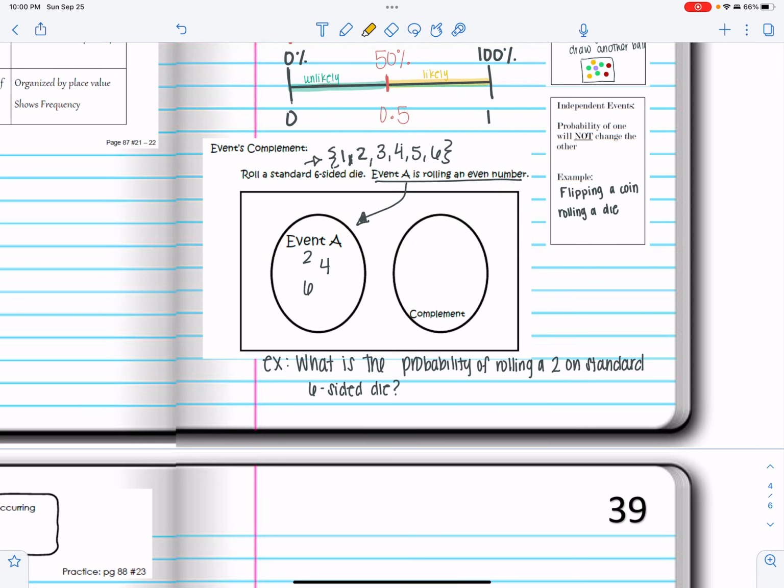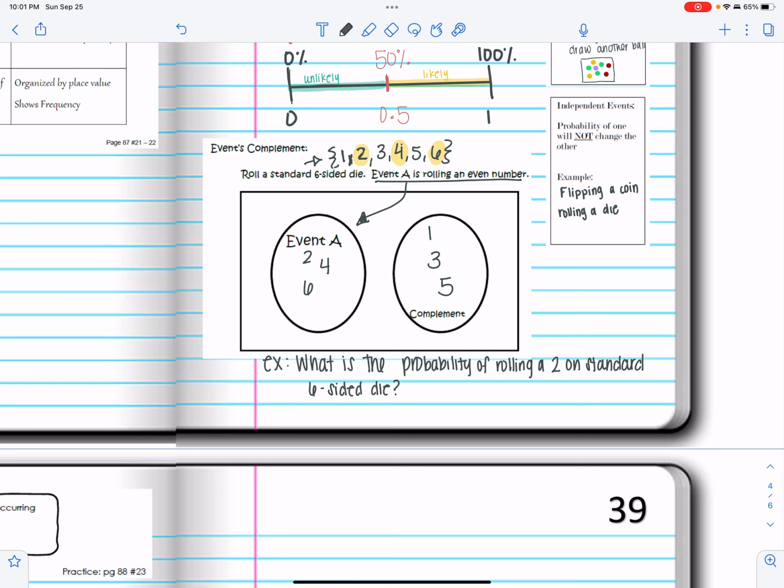And so the numbers that I could possibly roll that are even are going to be 2, 4, or 6. The complement is going to be everything else. So the complement of that is 1, 3, 5. What this means is if you take event A and its complement and you put them together, you will have the entire thing.